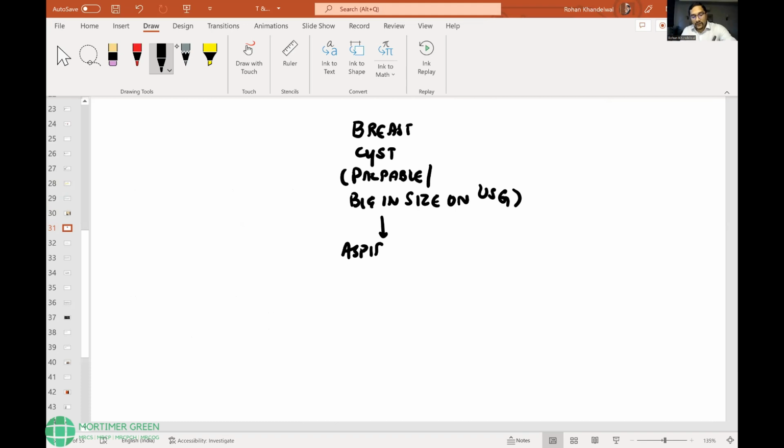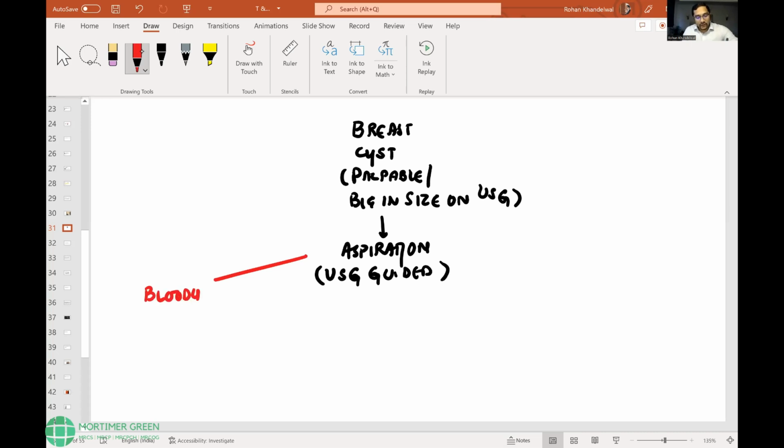Again, if it is mentioned in the option as ultrasound guided aspiration, that would be a better option. Now, if it is bloody, then we send it for cytological examination and consider a biopsy as well.